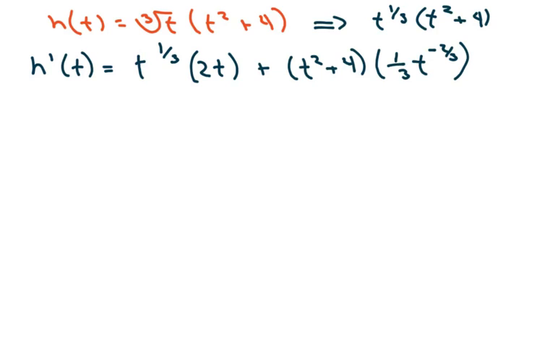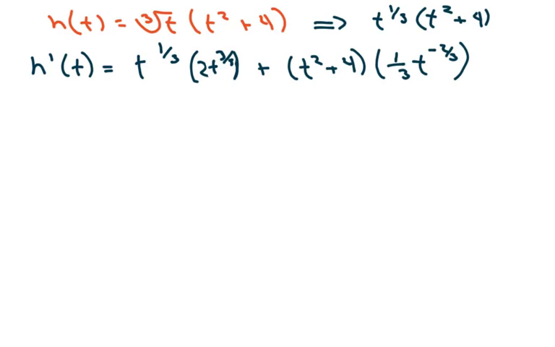Now we're going to clean this up. We have a t here, and that's t to the 1, so that would be t to the 3/3, because t to the 3/3 is 1.